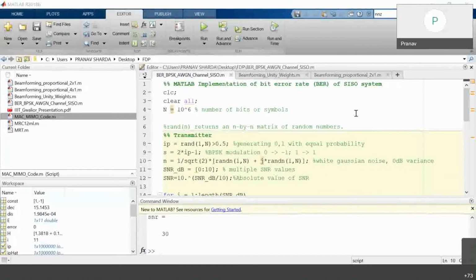This bit error rate, which we abbreviate as BER, is one of the most important performance metrics used to characterize the performance of any communication system, be it RF, optical, or any other domain. So let's start with this session.